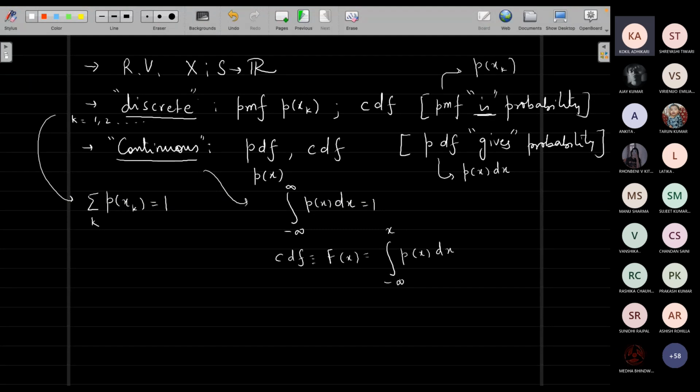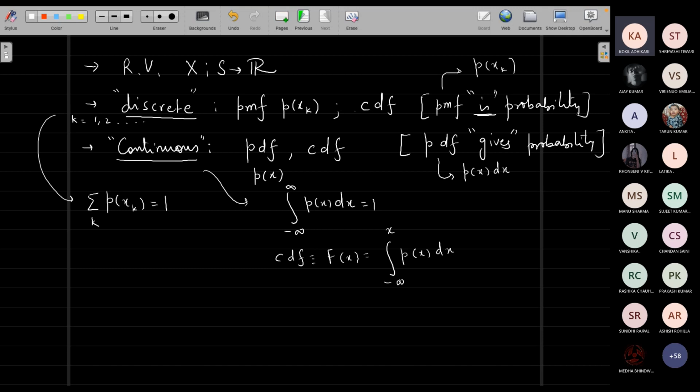So we defined yesterday a random variable, which is nothing but a function which maps us from the sample space onto a real number space. We discussed that a random variable can be discrete or continuous. Depending on that, if a random variable is discrete, then we talk of the probability mass function, which is nothing but the set of probability values at those discrete points of the random variable.